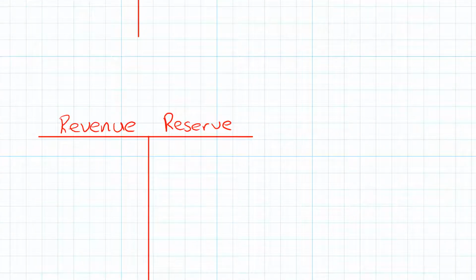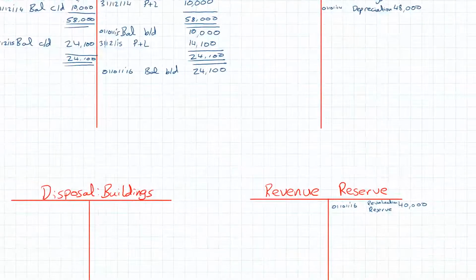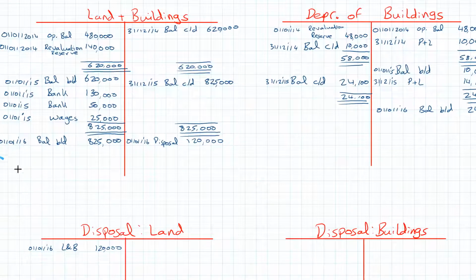So a revenue reserve on the 1st, 16, 40,000 coming from revaluation reserve. So basically, that's why I think that some of these revaluation things can be quite tricky when we're disposing. So we're disposing of 120,000 here.